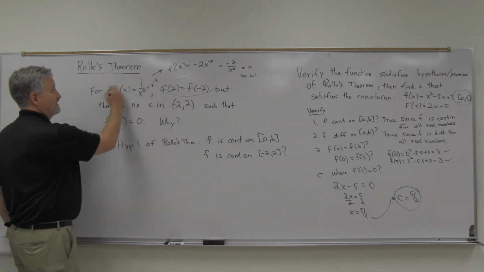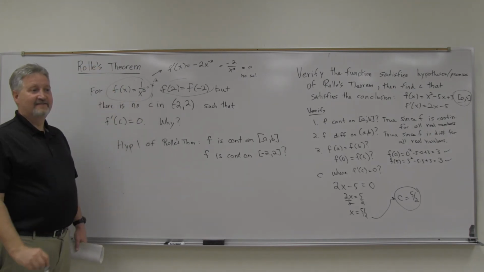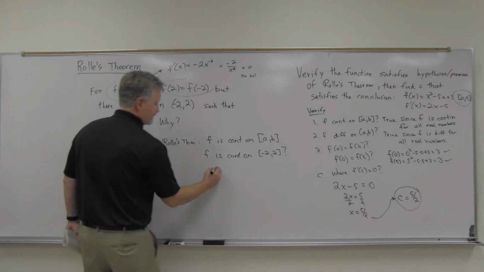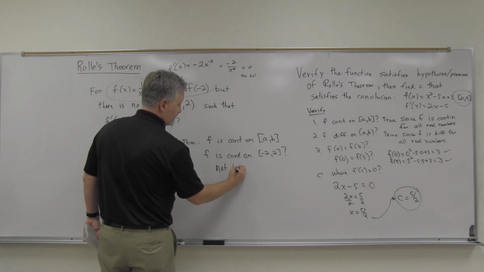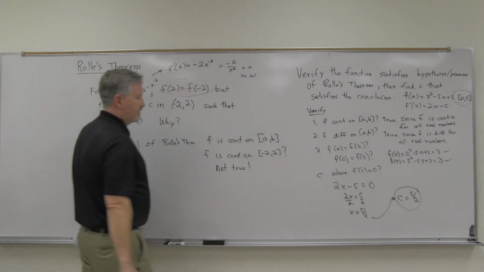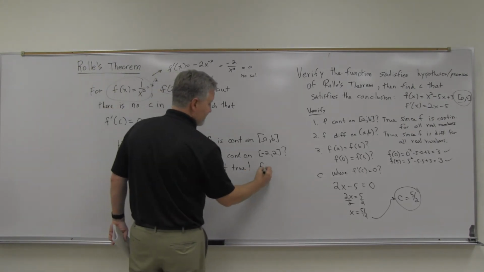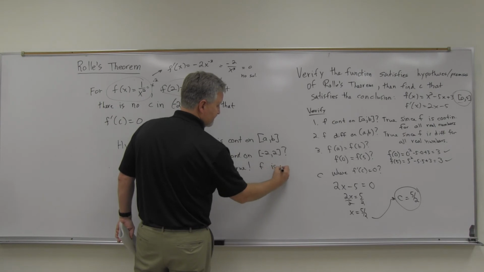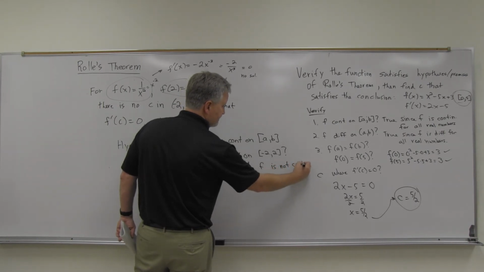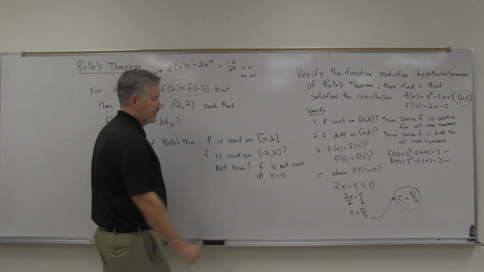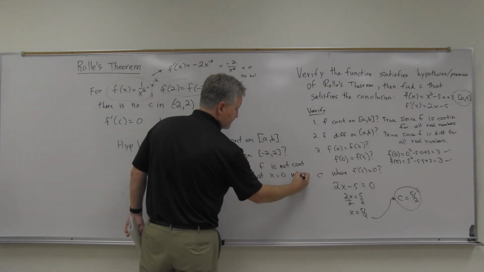Where is f not continuous? It's not continuous at 0, is it? Yeah, hypothesis 1 is not true. f is not continuous at 0, which is in -2 to 2.